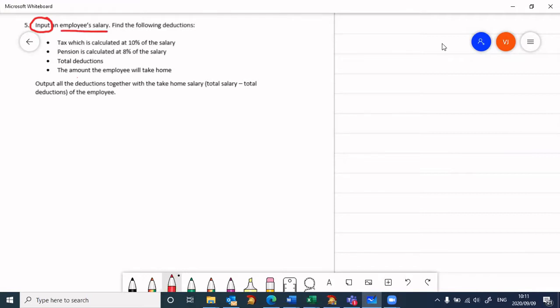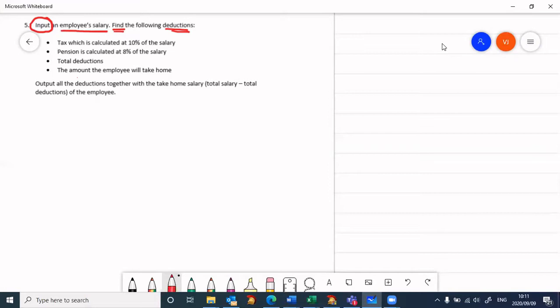We need to find. Find indicates that it's a process. We need to find the deductions. Deductions means we take away values. So the employee receives the salary, that's what he gets, and deductions are what is taken away from the salary.